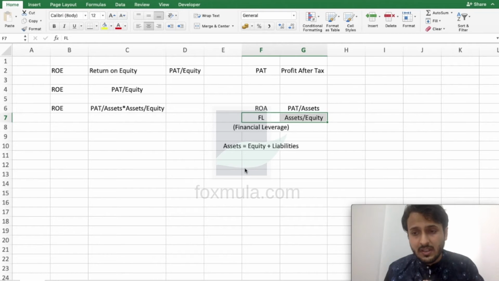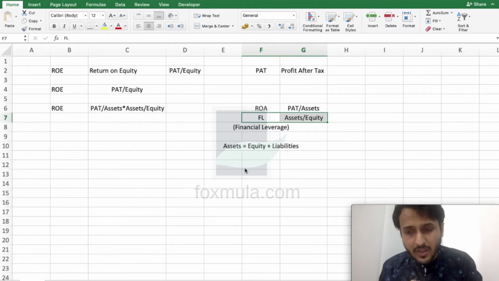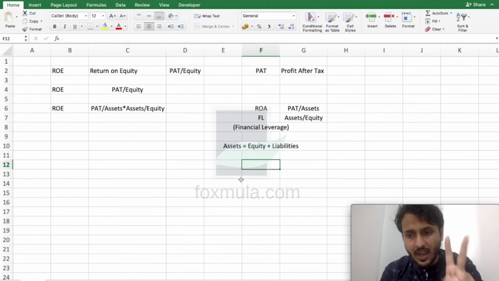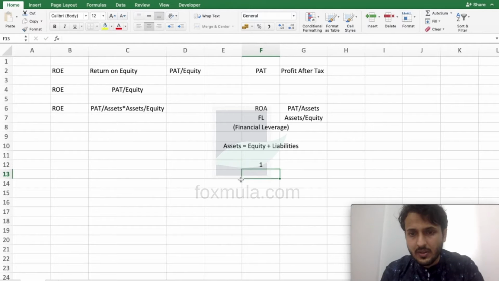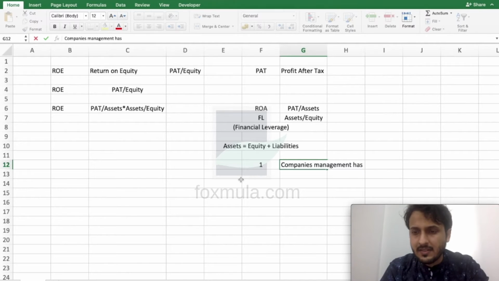Have you heard of this thing, that if there is high debt, then you are taking high risk? If there is high risk, then the expected return is also going to be high. So a high financial leverage can mean two things. First is that the company's management has very high faith in what they are doing, very high confidence that what they are doing is going to create value.